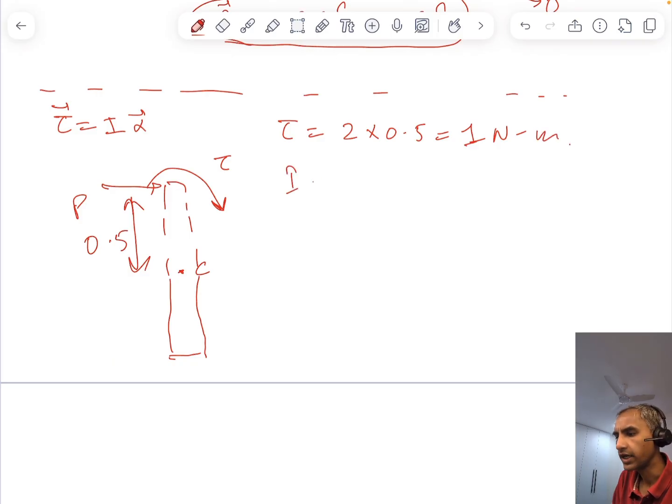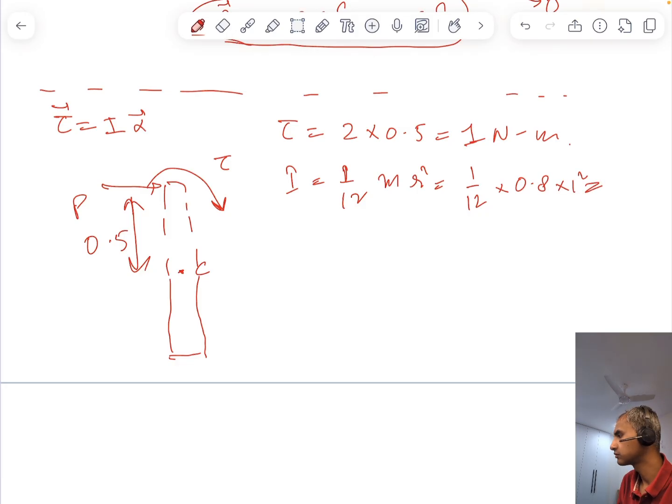Now what is I? I is 1 by 12 m r square. That would be 1 by 12 into 0.8 into 1 square, and that would be 0.067.